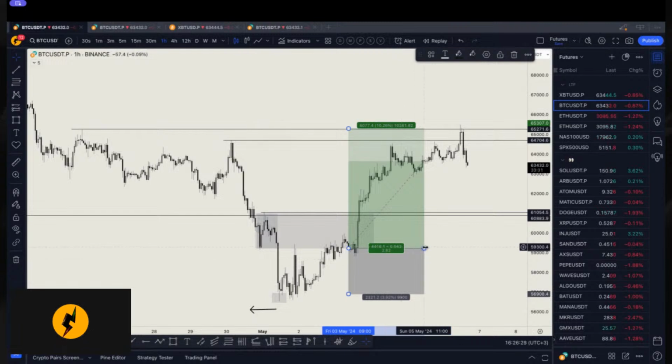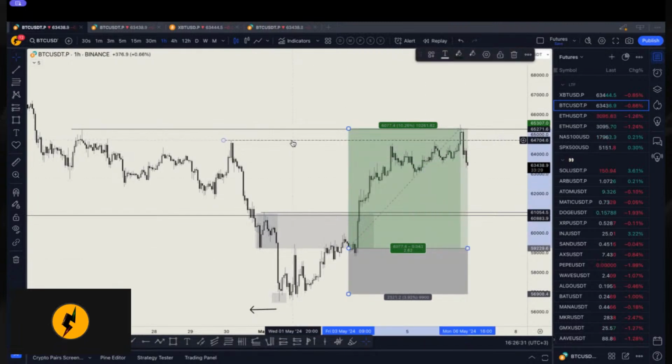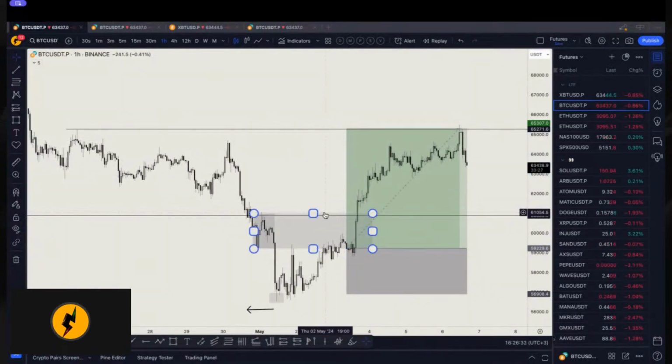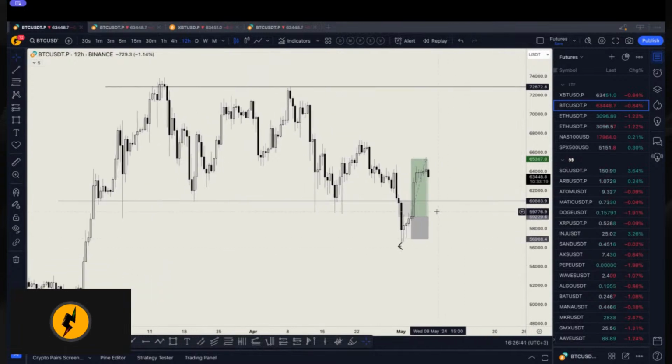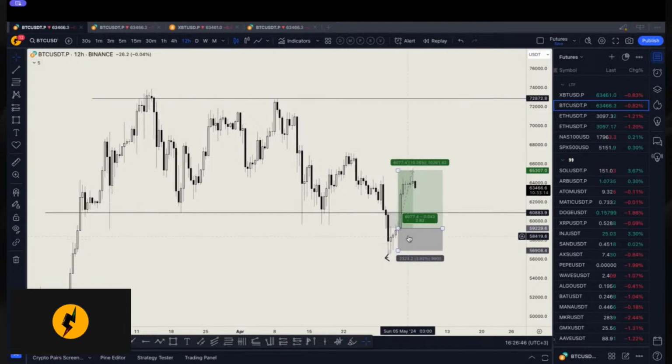Overall, not a bad trade. But the important thing is this. If you go higher on time frame, you can see that there was no way for you to take a trade here, but you could take it on a lower time frame like this.